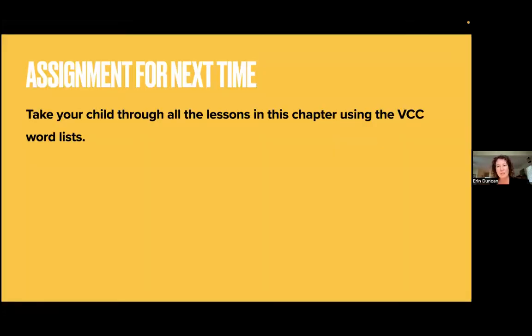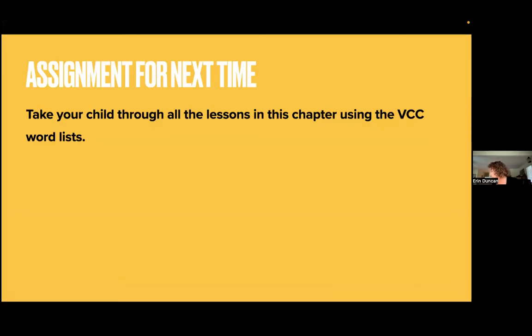And your assignment for next week is going to be to take your child through all the lessons in this chapter using that same word list that I was using with Samantha, at least. You can go further, anytime go further, but try to get to that for next week. And remember, you're going to do this chapter if it's appropriate.